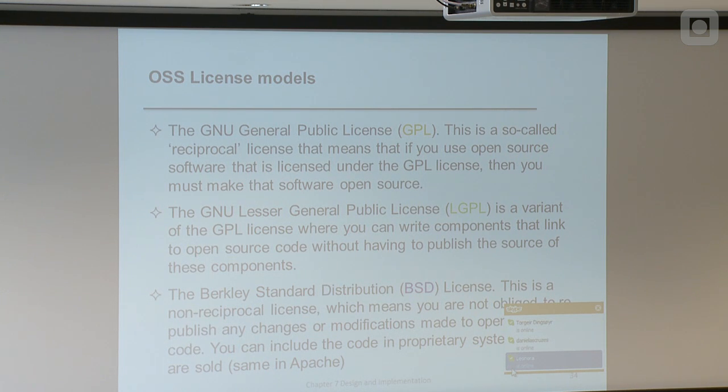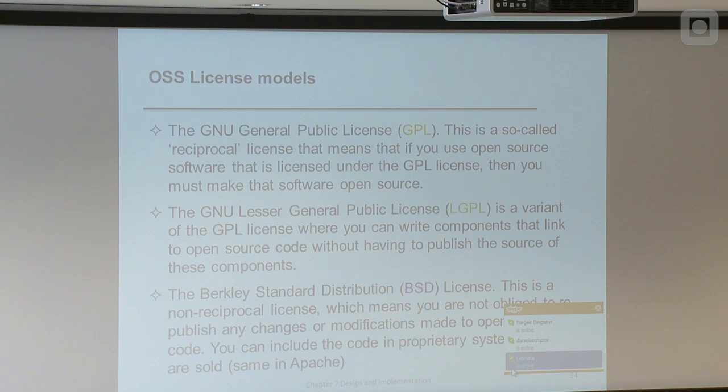You can choose the GPL, which is the one that is nearest to the free software philosophy, that says: okay, this software you can reuse, but each piece of software you make on top of this will also be open source.